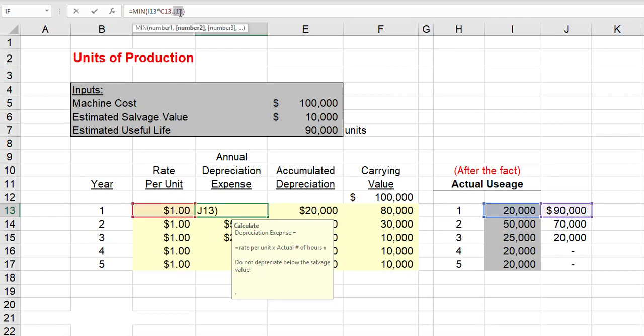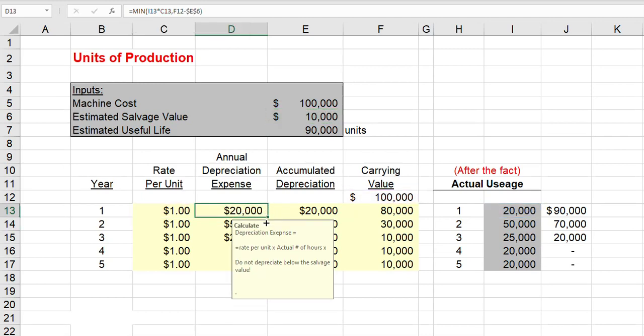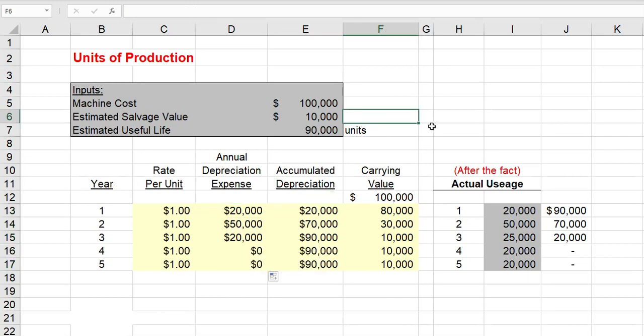We simply took the prior year's cost minus the estimated salvage. You can anchor numbers by putting dollar signs in front of both the row and column. So this will always go to cell E6. Now I have a formula that I can copy down, and this will work for any levels of output.